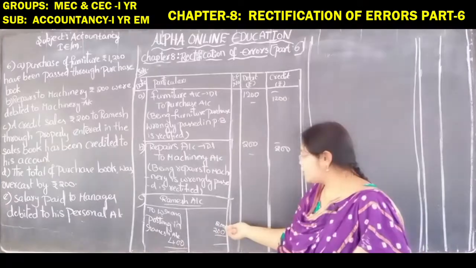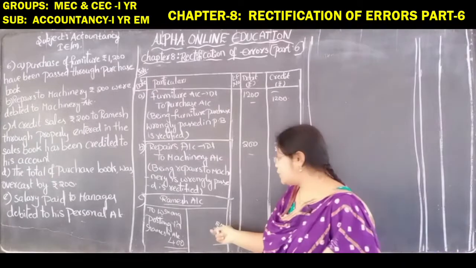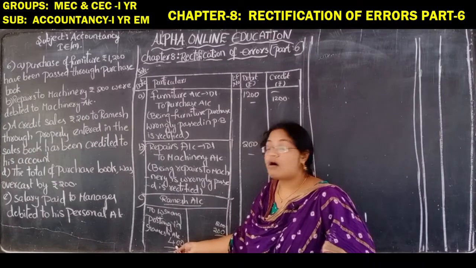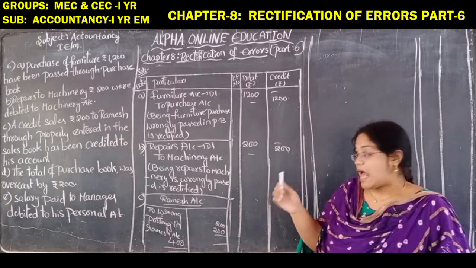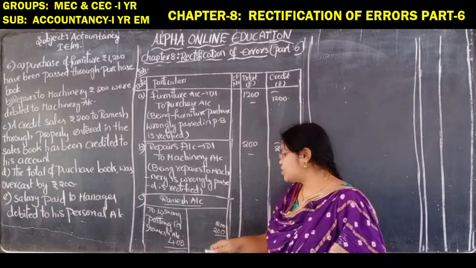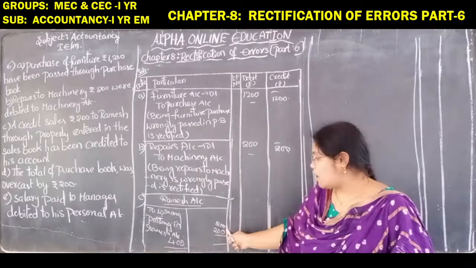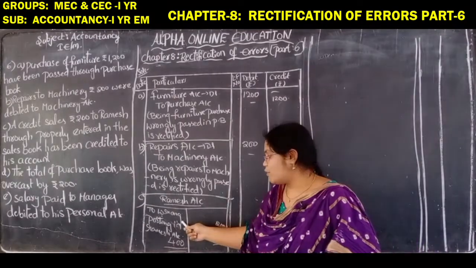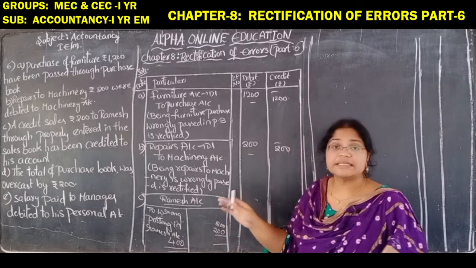In order to overcome such a type of error, we are posting double the amount on the debit side. Actually, they had to post 200 on the debit side. Instead of that, they have credited the Ramesh account with 200. Now they omitted 200 rupees on the debit side, and they have written 200 on the credit side.